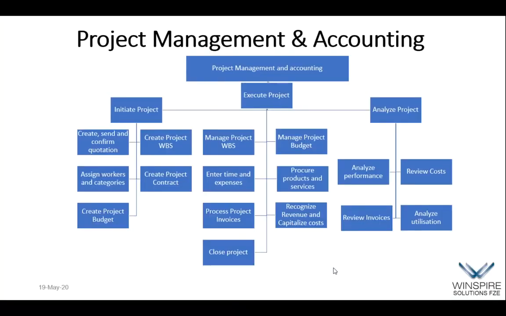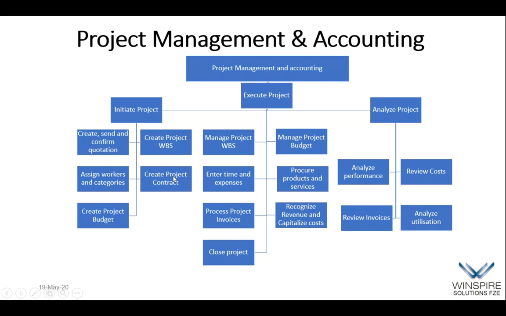Now we go into the product, the concept of how project management works. I've already spoken in detail about this, but I will quickly go through it. Project management and accounting has three major components: initiate, execute, and analyze a project. When you initiate a project, you can create the quotation using WBS, assign workers and categories, and create a project contract.